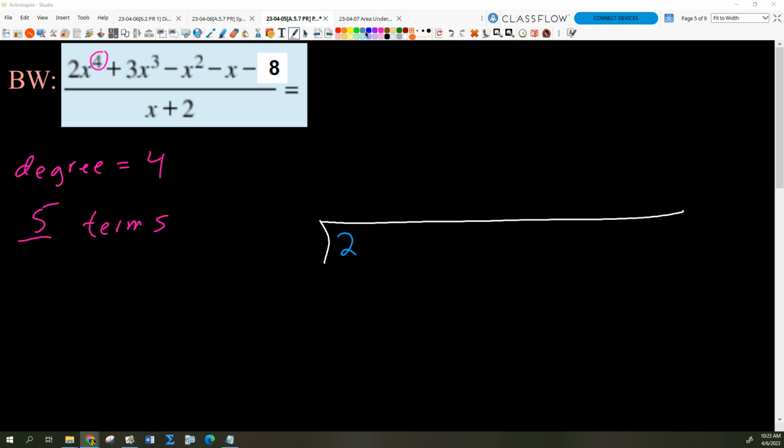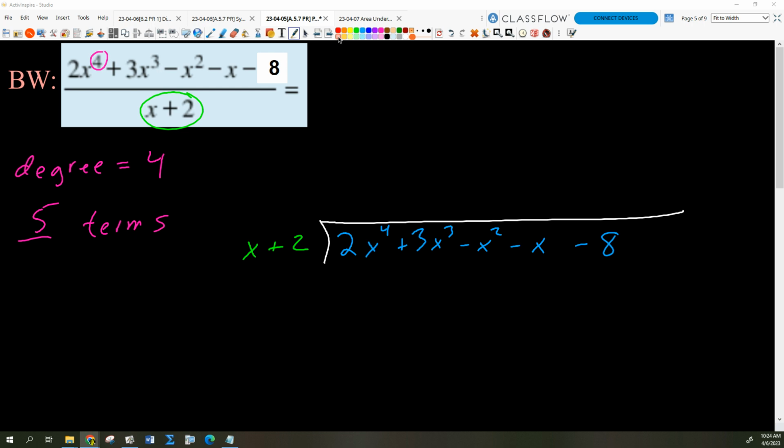So we got 2x to the 4th plus 3x cubed minus x squared minus x minus 8. What goes out front? X plus 2. Good. There's our denominator. All right, so how do we get the first term of our answer? X times what, right?